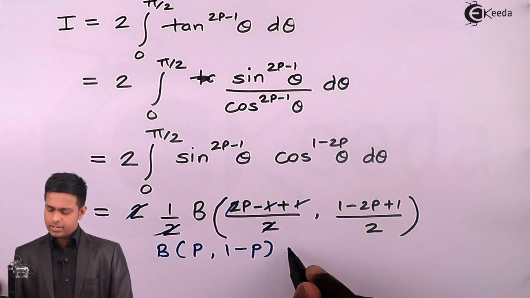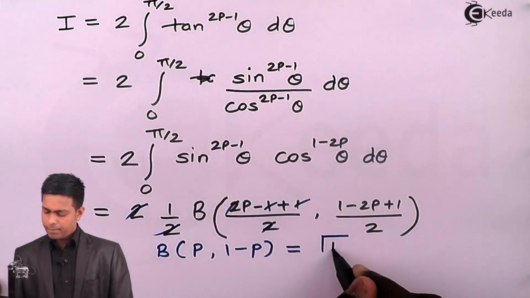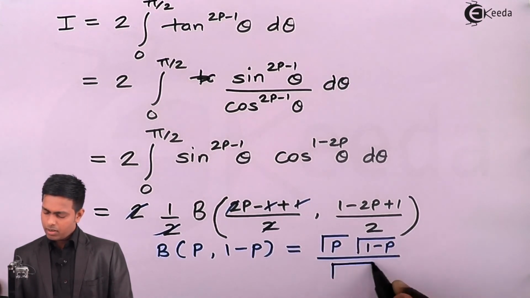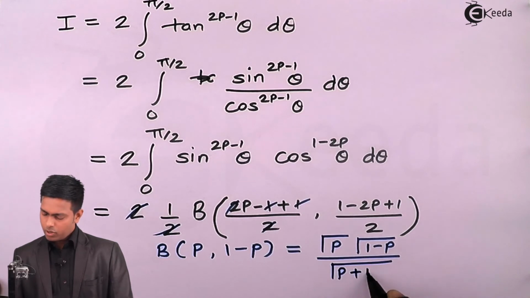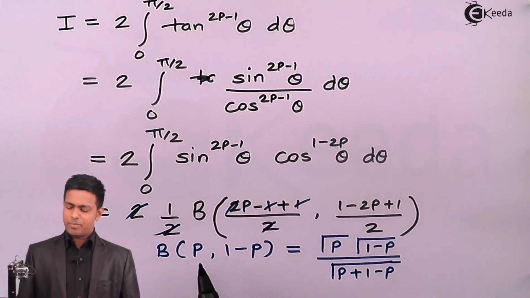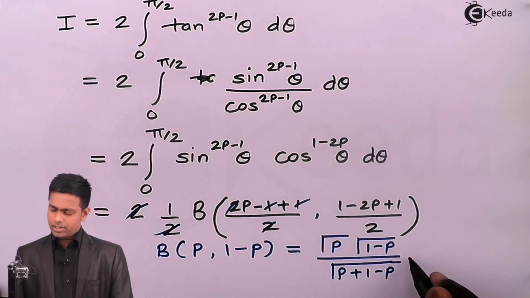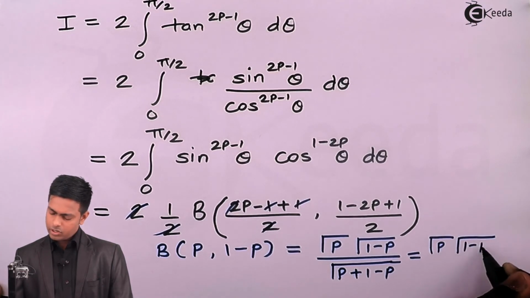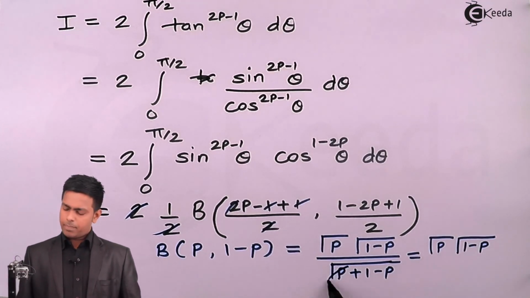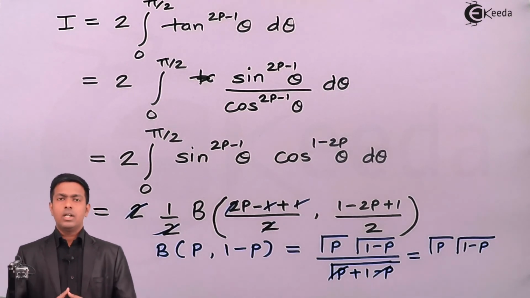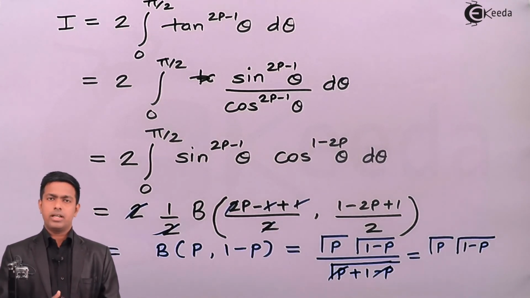So beta of p comma 1 minus p is nothing but gamma p gamma 1 minus p upon gamma of p plus 1 minus p. Here I've used the relationship between beta and gamma. Now this will give us gamma p gamma 1 minus p, and here p and p cancel, and we get gamma 1 in the denominator, and we all know that the value of gamma 1 is equal to 1.